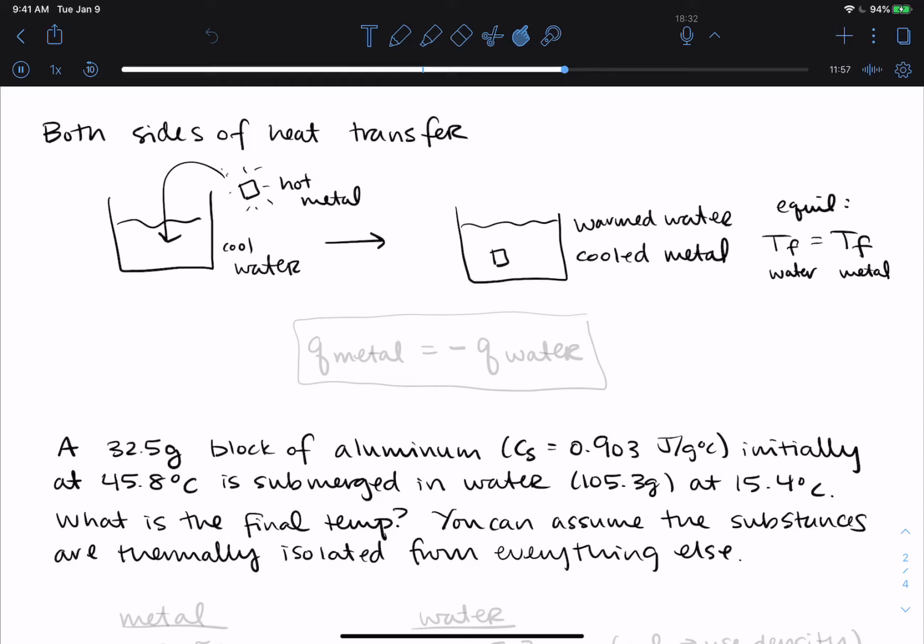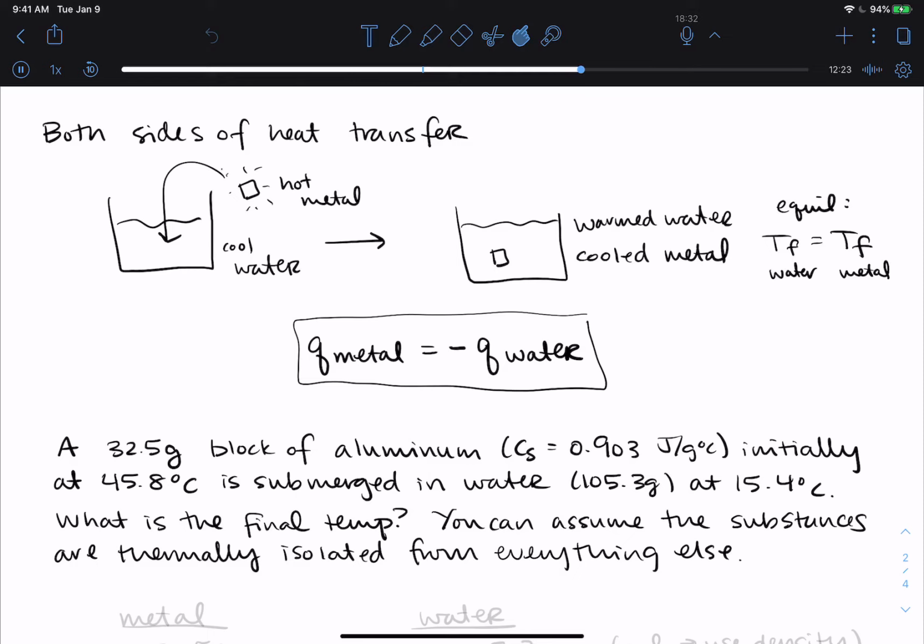So the main thing that lets us solve this problem is saying that the magnitude of the heat for the metal and the water are equal, but their signs are opposite. You can put this negative sign on either side as long as you put it in there, because it's again a key part of getting this problem to work.